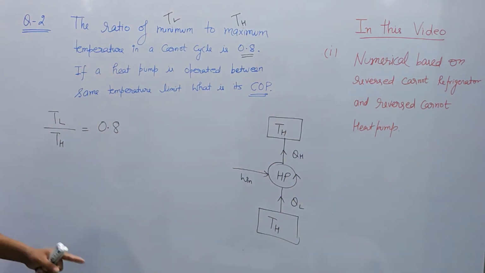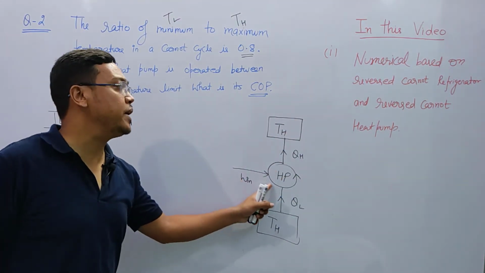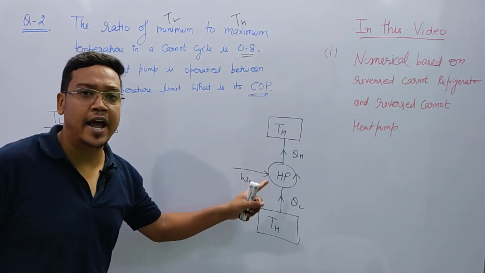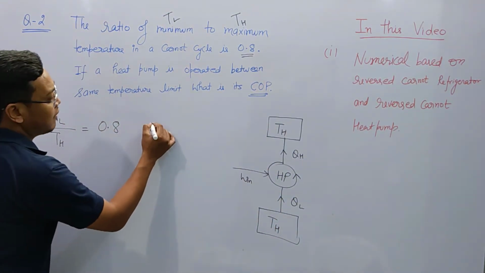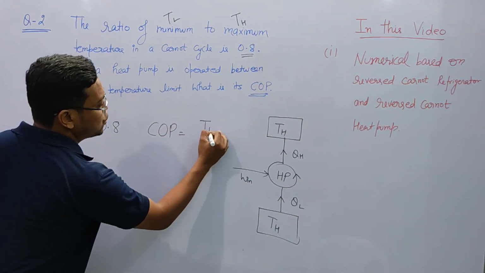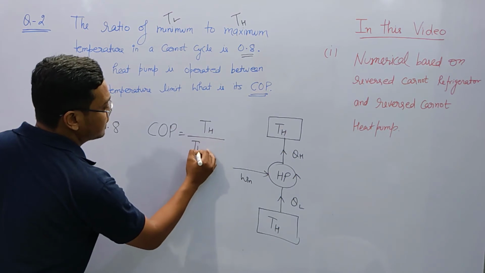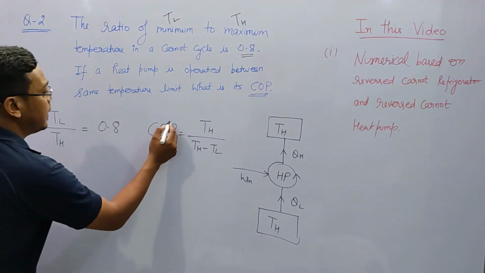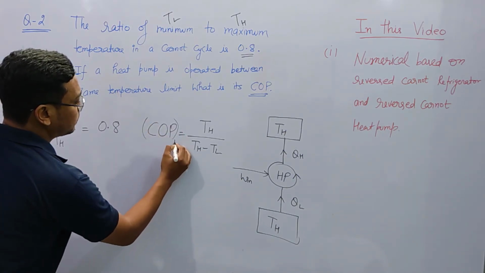Now, you know very well that if a heat pump is working in a reverse Carnot cycle, then the heat pump shall have COP TH divided by TH minus TL. I have already explained this formula in the last video.